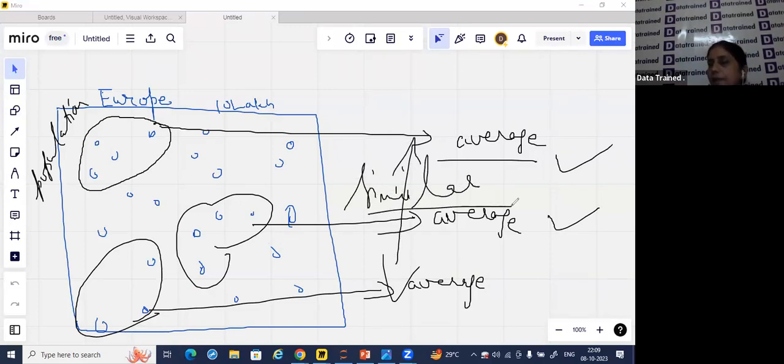So I can say the average data scientist salaries are almost similar.